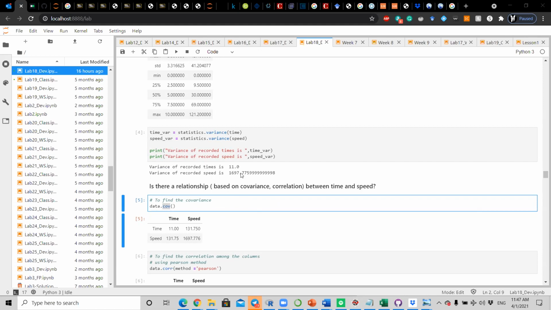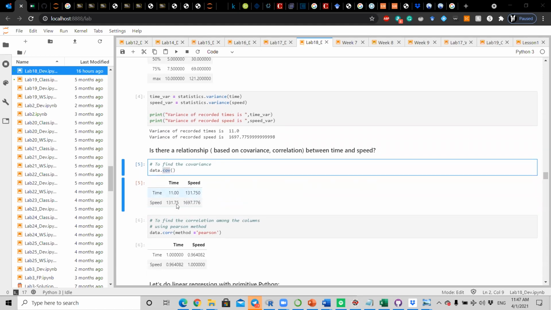I am here. So tell me what you see in this little table. I see that it's a total time and total speed, right? What do you mean total? Or I guess the average speed and average time. I'm calculating the covariance for my two variables, time and speed.